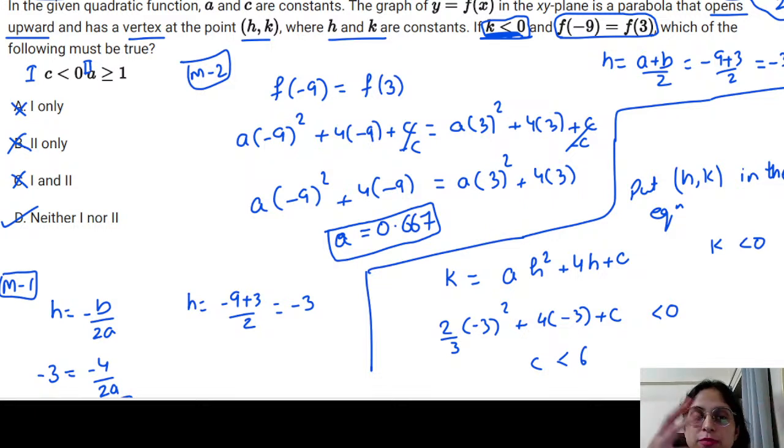Alright, and from there b is given, h you can find out, and you can find out your a. And once you have your a, you have your h, then you can make use of vertex. Because k is less than 0, you can see what k is equal to. Make it less than 0, you will see the situation for c. I know this is one of the hardest problems that you will ever see in quadratics, but this is it.